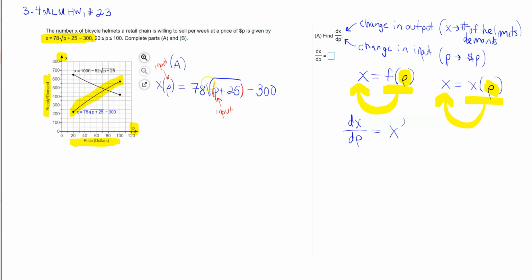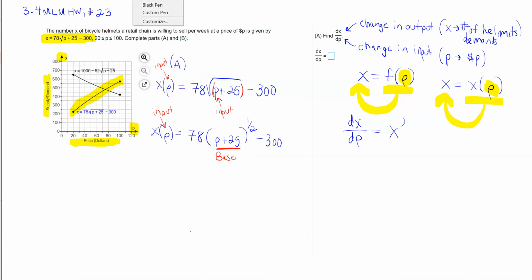We're going to end up using our power rule, but we have to rewrite it with a fractional exponent. We can't have a root in there to use our power rule, so I'm going to rewrite that square root as a fractional exponent 1/2. And I can see my input is going into a linear base here. So I'm going to use my power rule with my chain rule, because that base is not just a plain variable. In this case, it's a linear binomial.